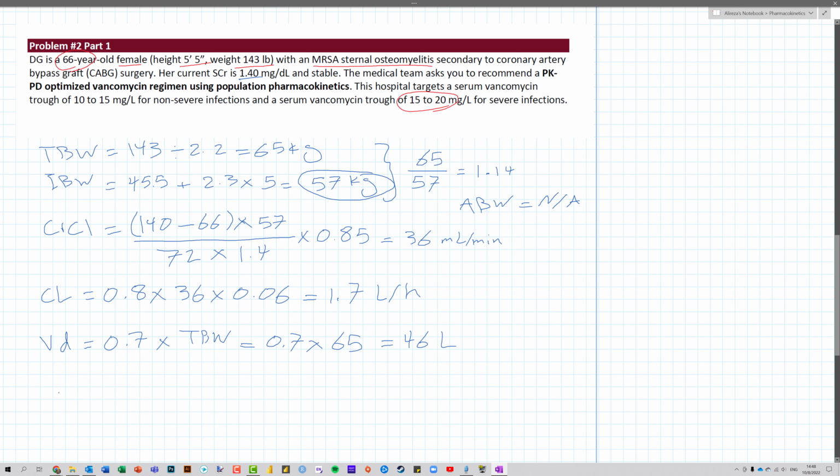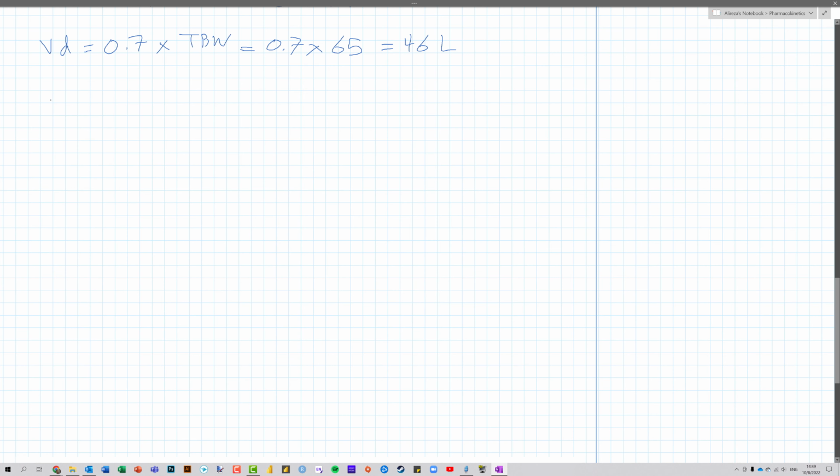And then next we can do the elimination constant. There are different ways to calculate elimination constant. One way is to use clearance and volume of distribution. So here's clearance divided by volume of distribution.